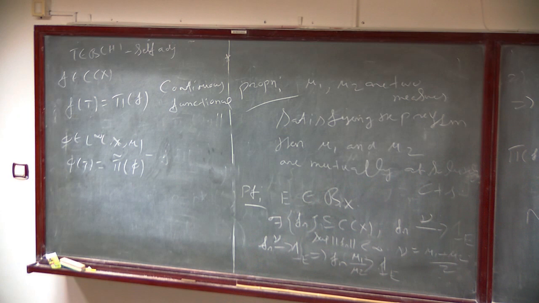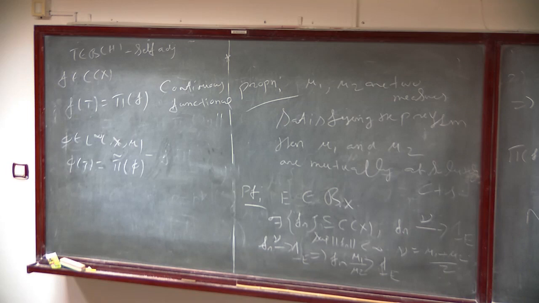Pi of E equal to 0. This representation is isometric. So the L infinity norm is the same as the operator norm, because this pi mu theta is an isometry. The operator norm of this is equal to the L infinity norm of 1.